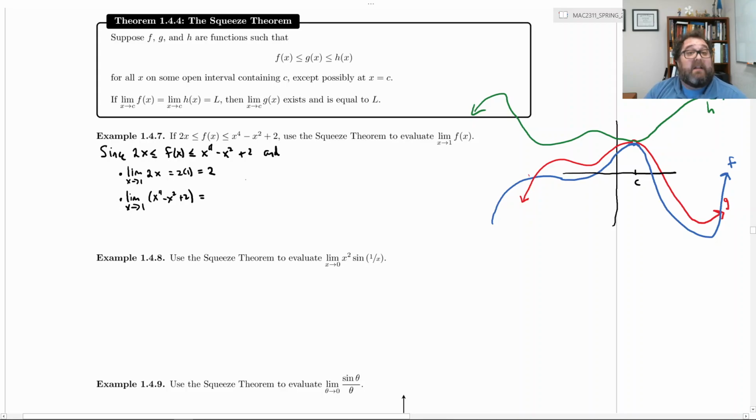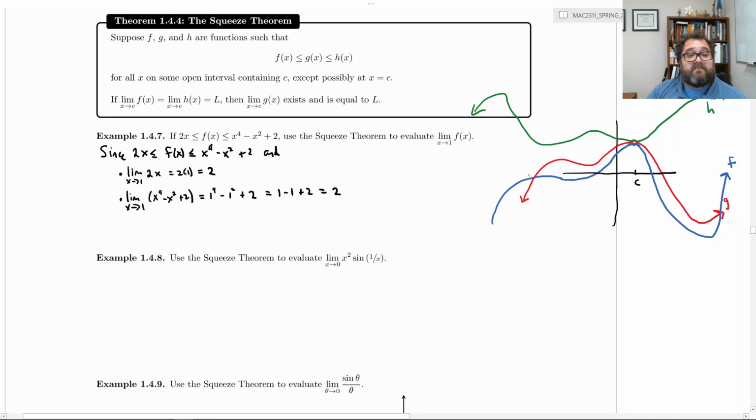Now, again, that's a polynomial this time, but polynomials, just like monomials, have domain all real numbers and can be evaluated using direct substitution. So this is 1 to the fourth minus 1 squared plus 2. Well, okay, 1 to the fourth is 1 minus 1. And 1 minus 1 plus 2 equals 2.